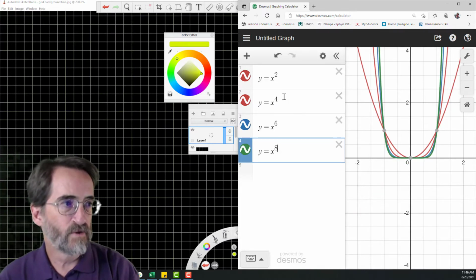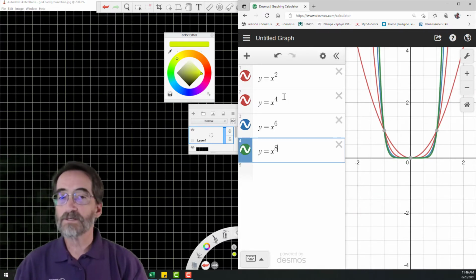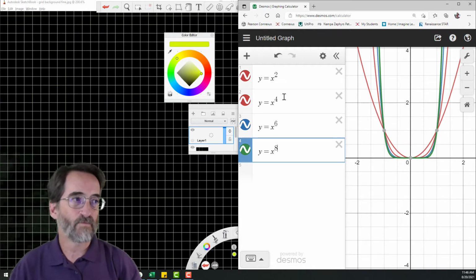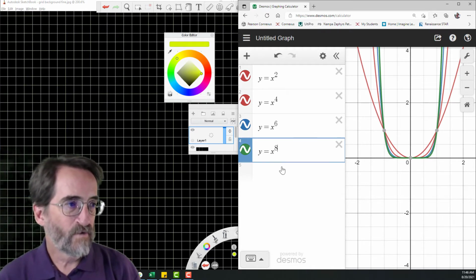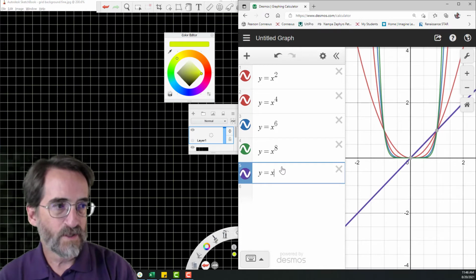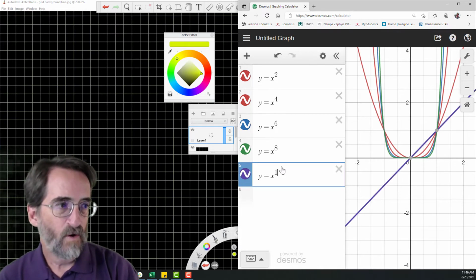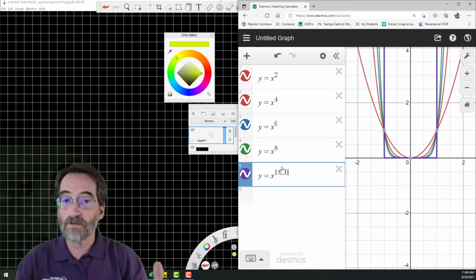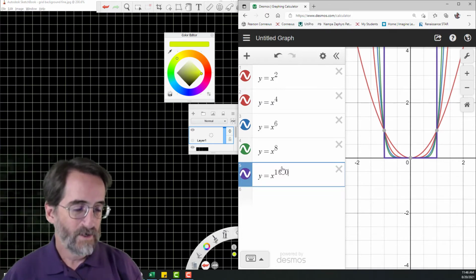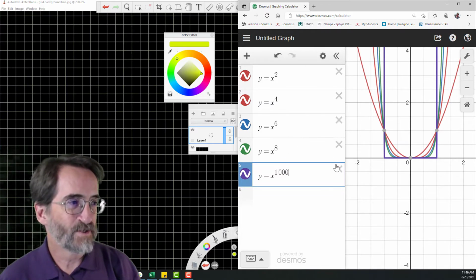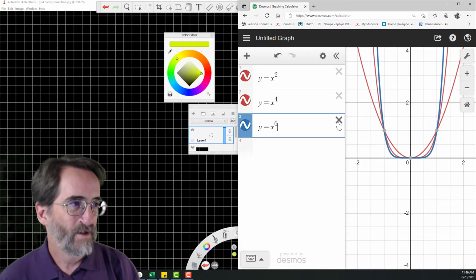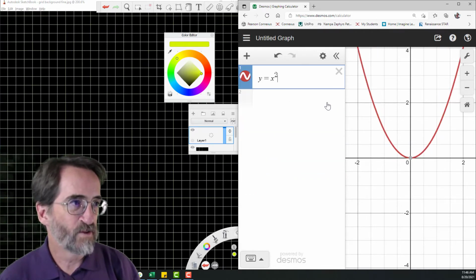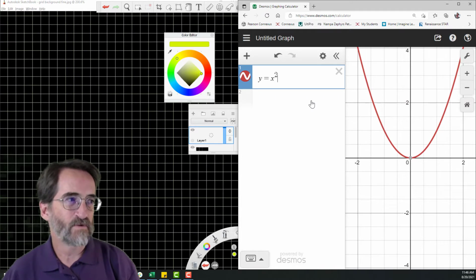It just gets steeper and steeper. All the way out, I can do y equals x to the 1000, which is an even number, and you notice it creates almost a square corner. That's an interesting thing to examine. It's not truly vertical, because anything that would be vertical would not actually be a function.